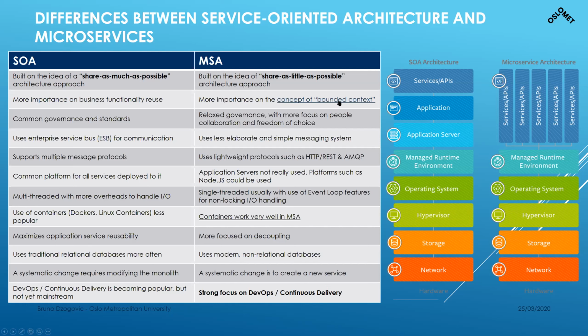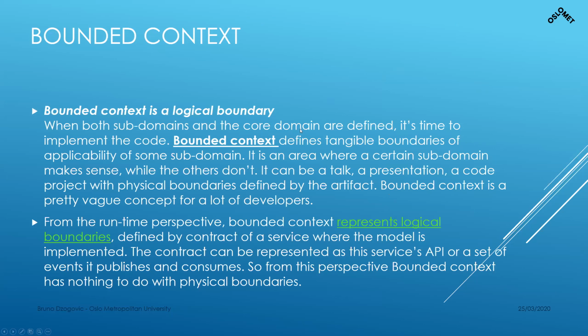So what is this? I've put a slide in the end. This is a paradigm in software engineering, and it says that a bounded context is a logical boundary, not something represented as physical. When both subdomains and the core domain are defined, it's time to implement the code.